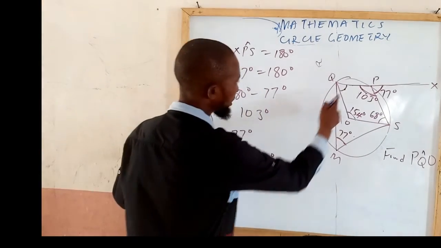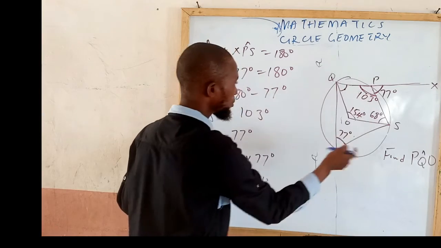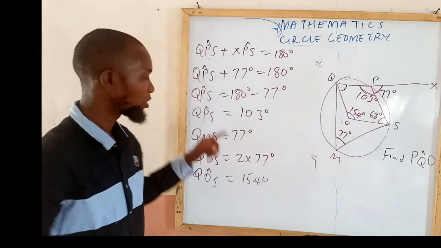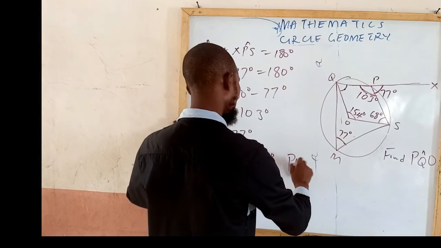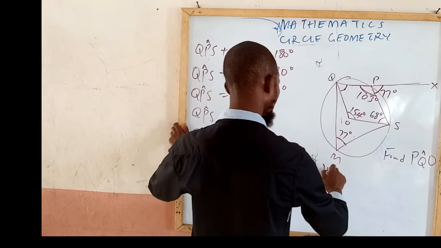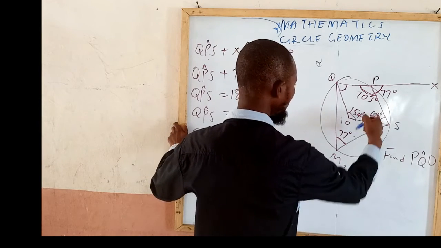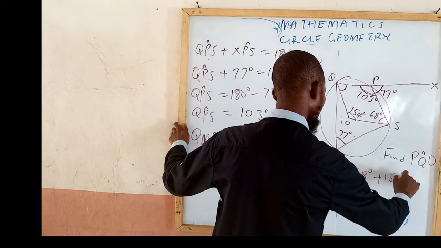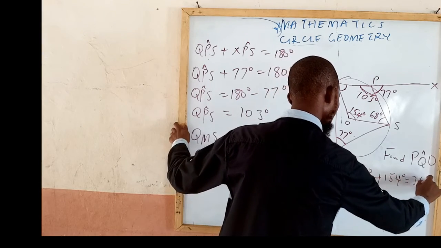Let's state it the way it is given in the question. We can say that PQO plus any other angle we have here, 103 degrees plus 68 degrees plus 154 degrees, is equal to 360 degrees.